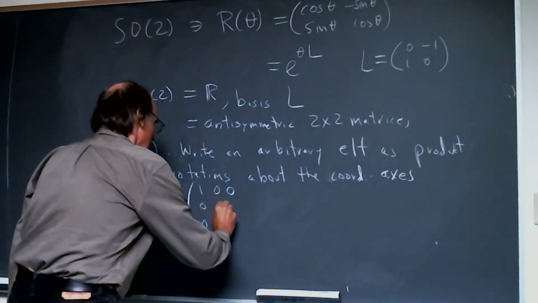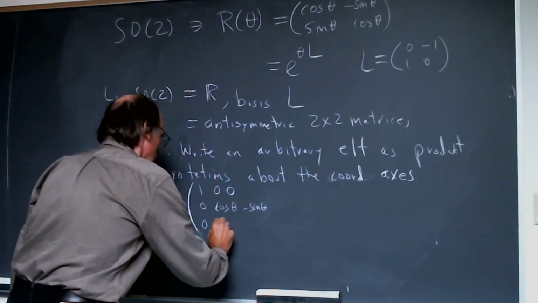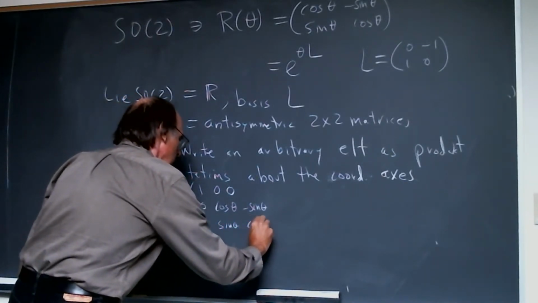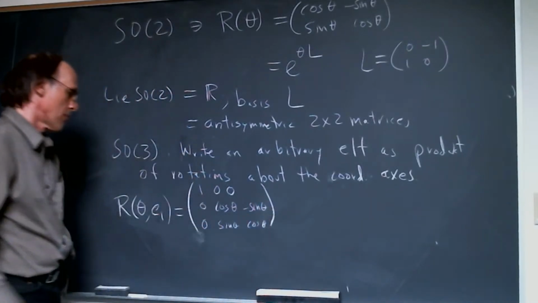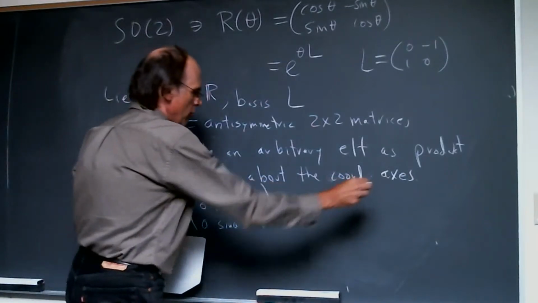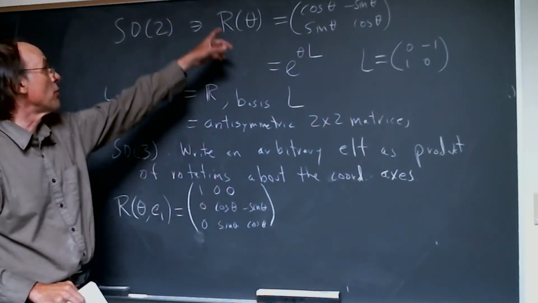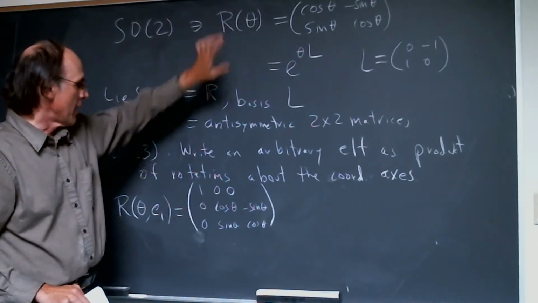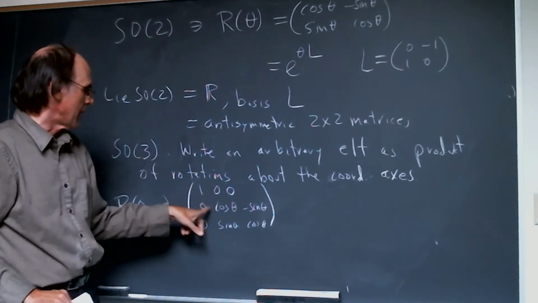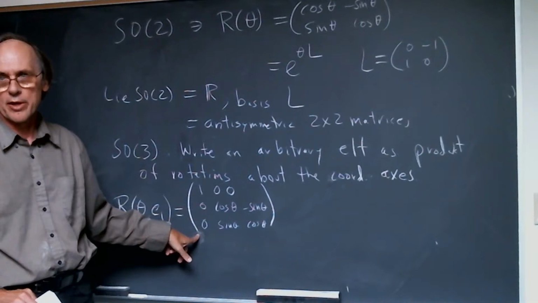So it's cosine theta, minus sine theta, cosine theta. Okay. I won't write out the other formulas, but you can write out the formulas for how to rotate about the other axes just by permuting the axes on this matrix.